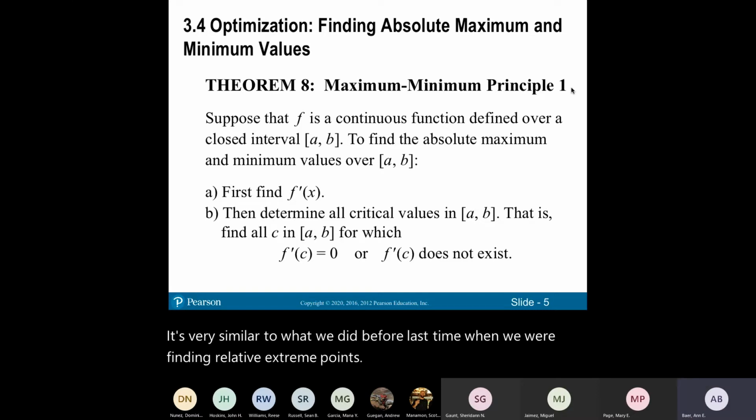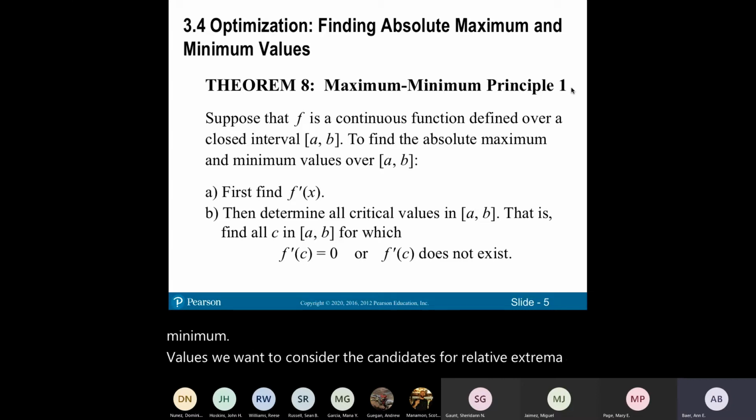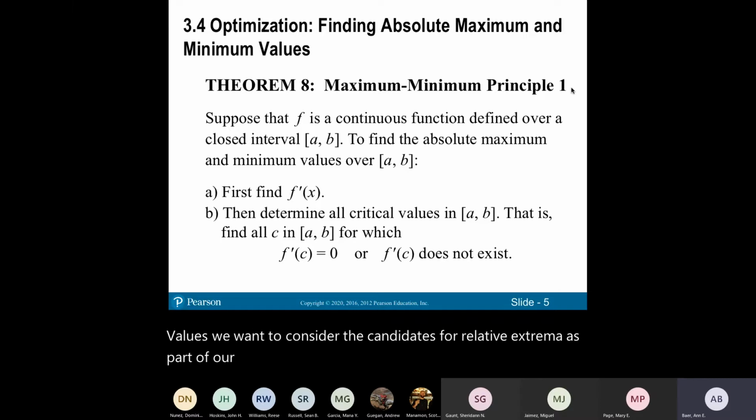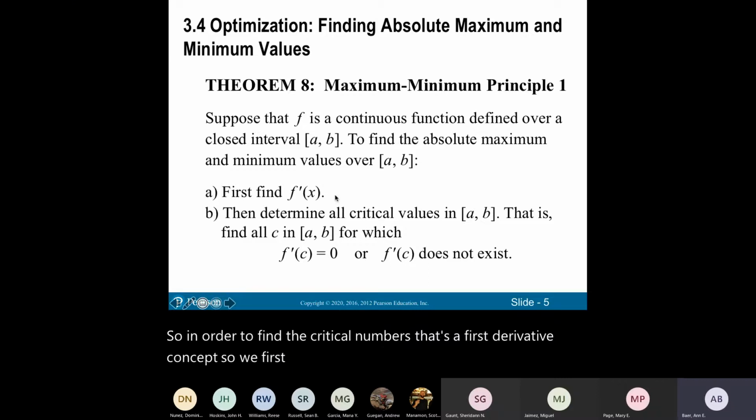When we're looking at absolute maximum or minimum values, we want to consider the candidates for relative extrema as part of our process. And those candidates are the critical numbers. In order to find the critical numbers, that's a first derivative concept. So we first need to find the first derivative.